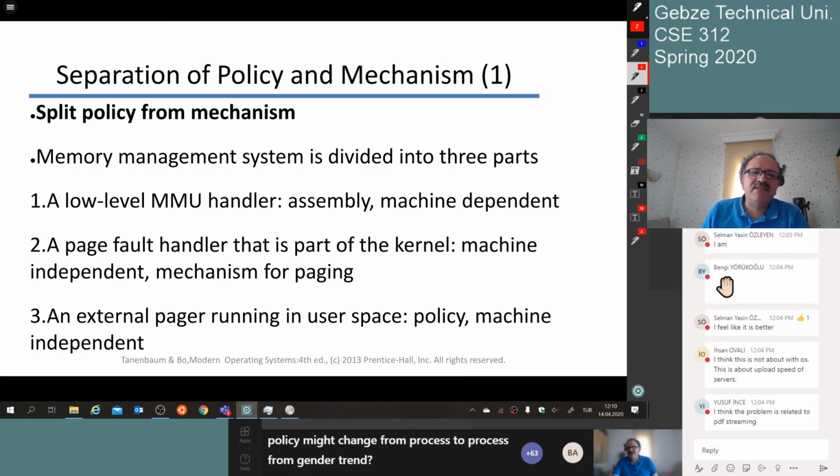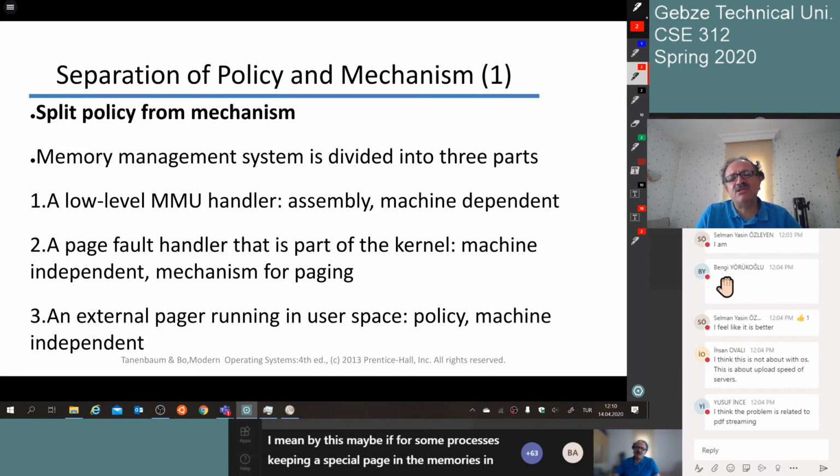Okay, and maybe the same thing should happen with page replacement or memory management handling. What do I mean by this? Maybe for some processes, keeping a special page in memory is important.